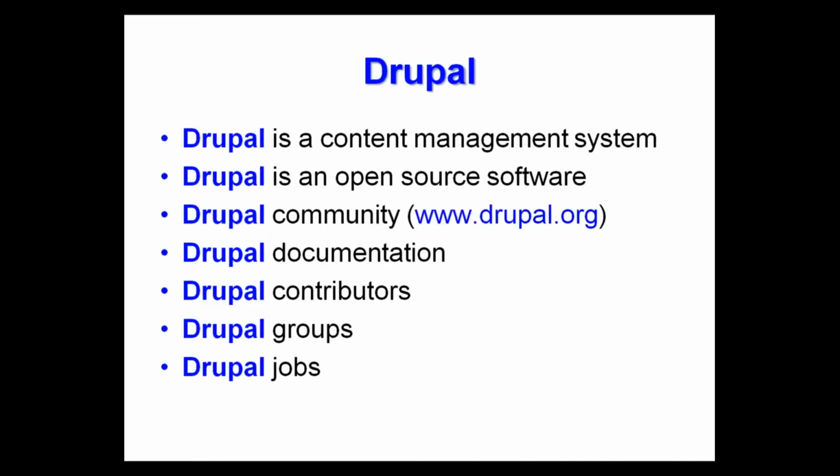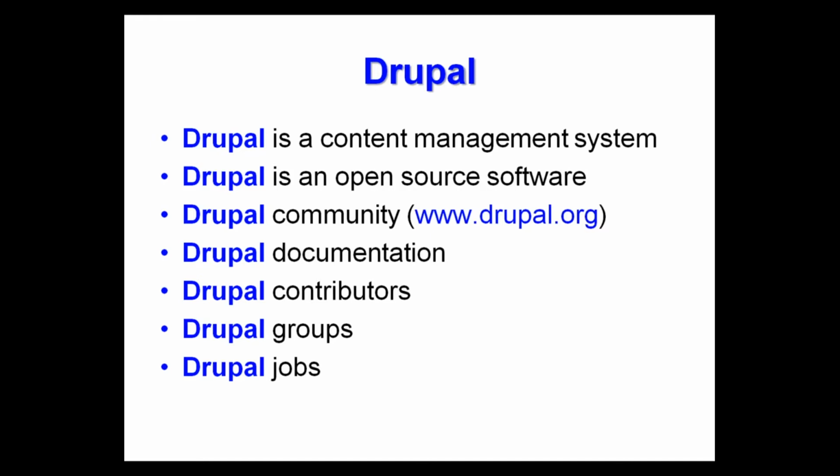Now, Drupal is a content management system, as I mentioned. Drupal is open source software. When they say open source software, it means it's software which is free to use, and it is being contributed to by so many people who know how to work with Drupal and other programming languages. Drupal has a community, and the community has a website, which is www.drupal.org.